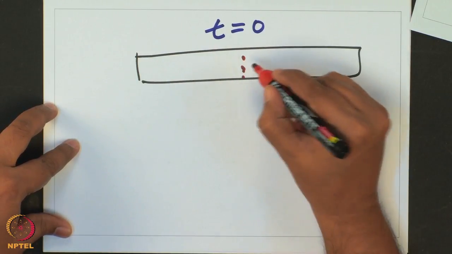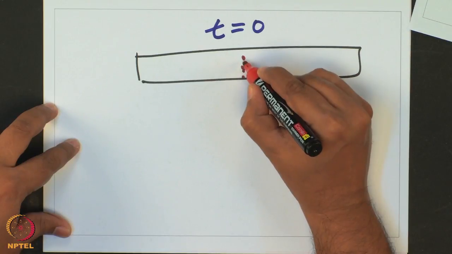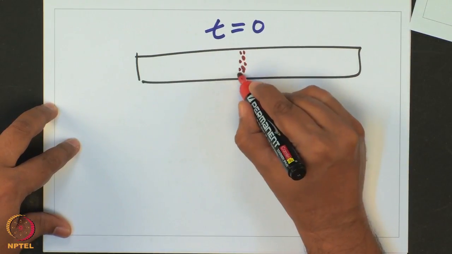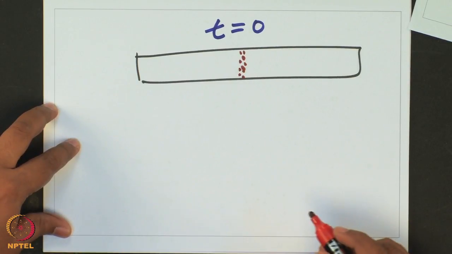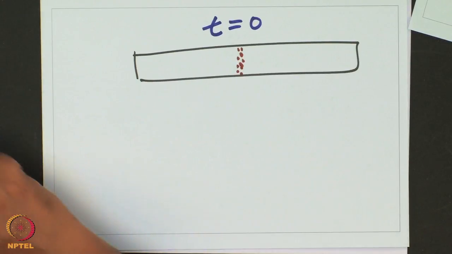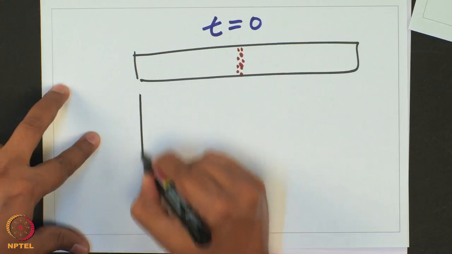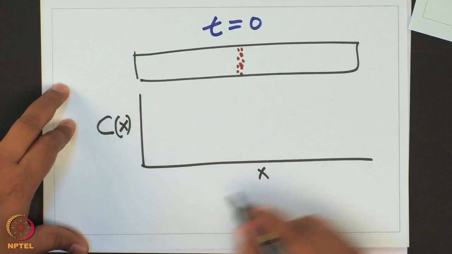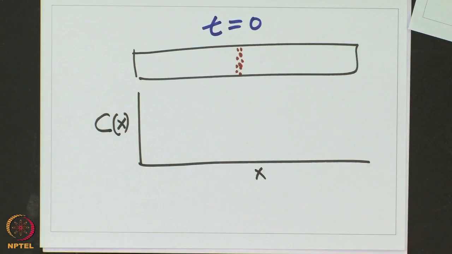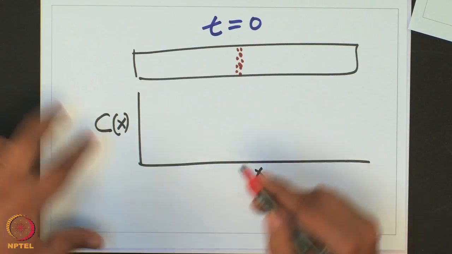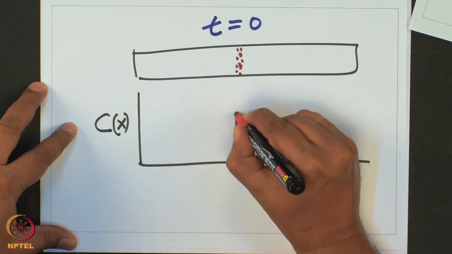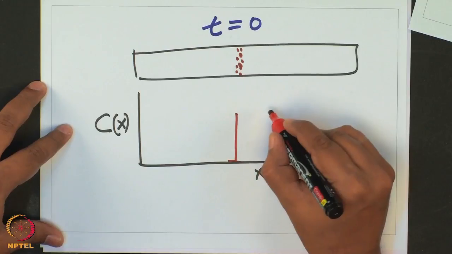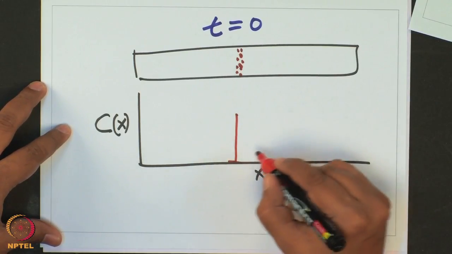So only at this particular point we have protein molecules. If I plot concentration versus x at t equal to 0, this would be almost like a delta function, which only has a value here and everywhere else the function is 0. Such functions are called Dirac delta functions.